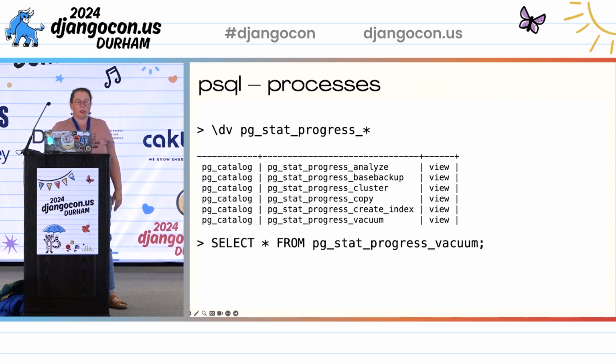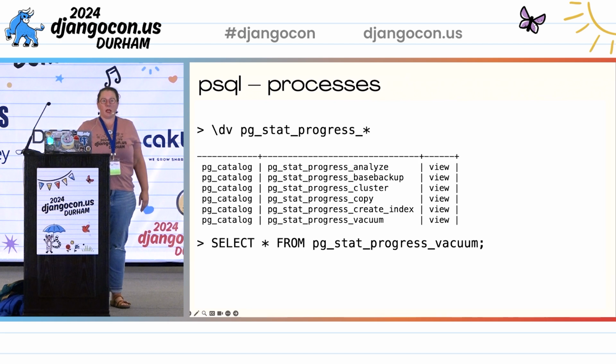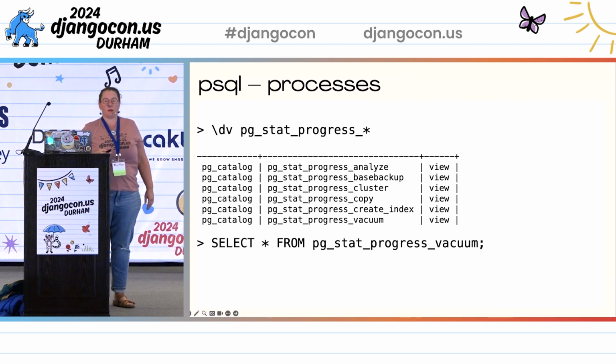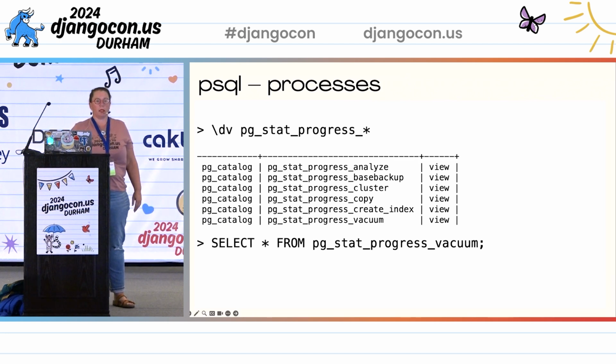Postgres also has views for everything that's happened, like maintenance tasks that happen inside Postgres, right? If you're super familiar with Vacuum, I'm sorry. I have also spent a lot of time working on Postgres Vacuum. Again, it's just an unfortunate remnant of the transaction system that needs to keep dead stuff around.